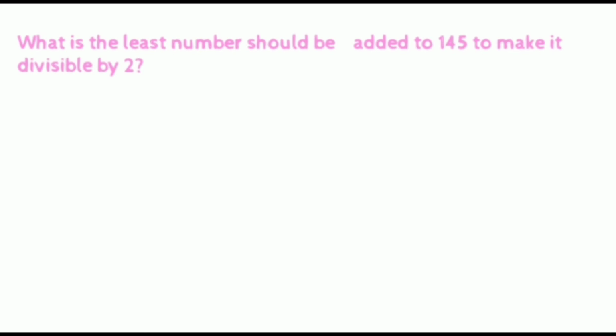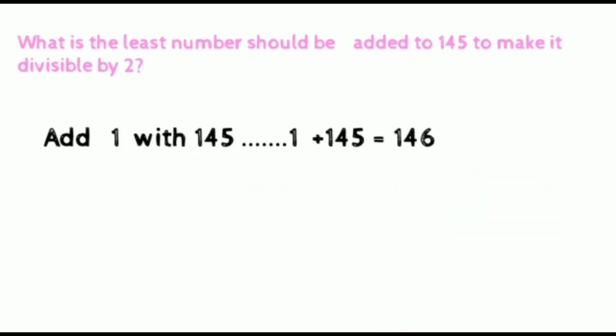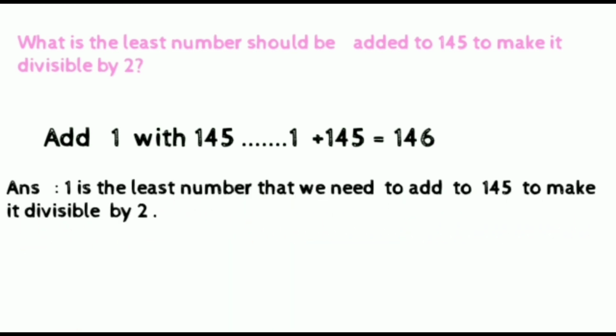So, we add 1 to the odd 145, then it will be 146. Then we can easily divide it by 2 because this is an even number. The answer is 1, the least number that we need to add to 145 to make it divisible by 2.